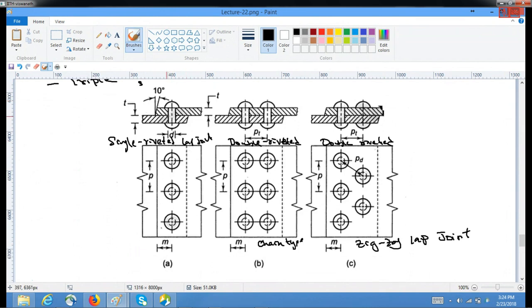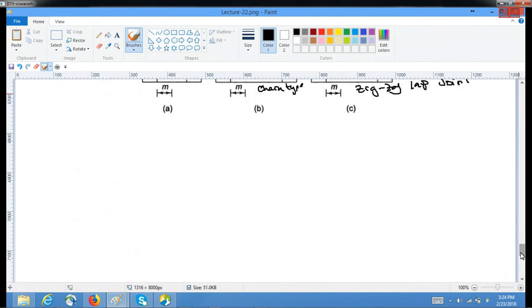Those things are mentioned here. See this T, this angle, and this M, PT, PD, and other things. So let us define certain terminologies and then we'll go forward.